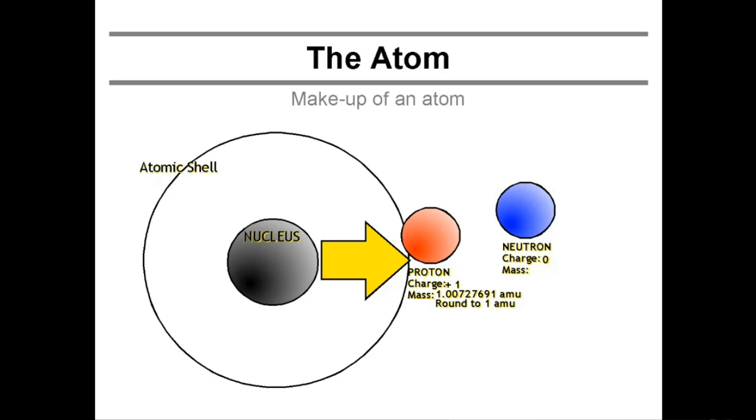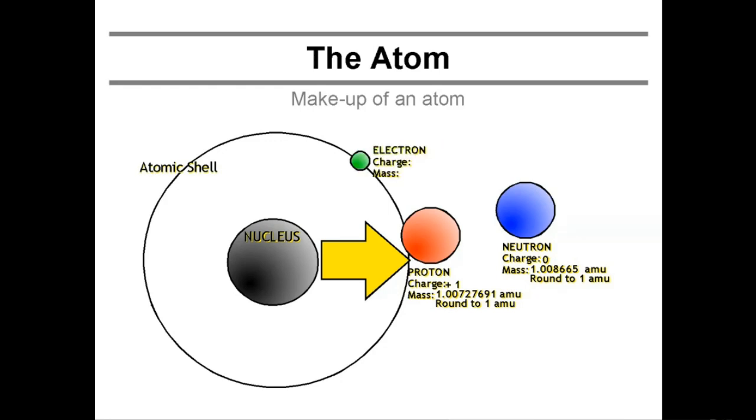Their charge is 0. But they do have a mass as well. So we were able to figure this one out. And they are roughly the same as a proton. So we're going to round this to 1 as well. So both protons and neutrons do have masses. Proton has a charge, neutron does not, and they reside in the nucleus in the middle right there.